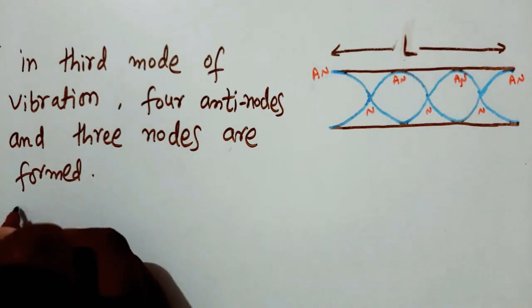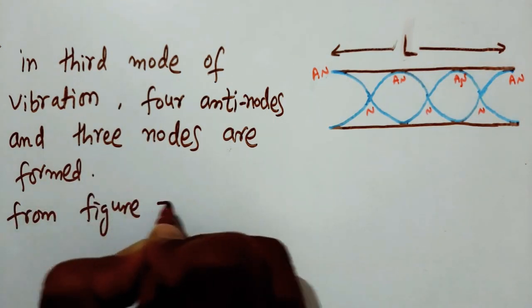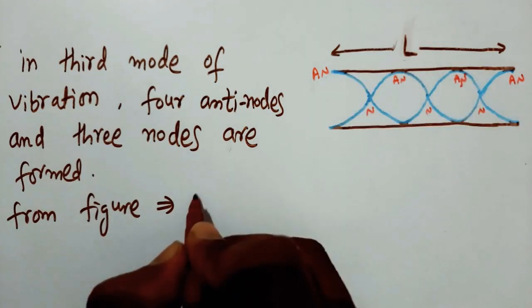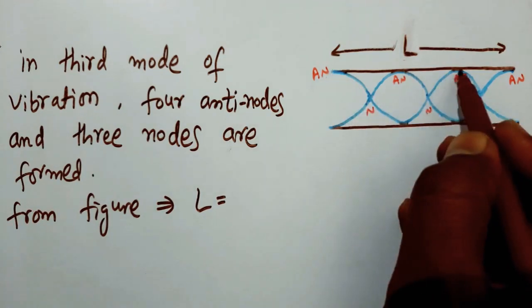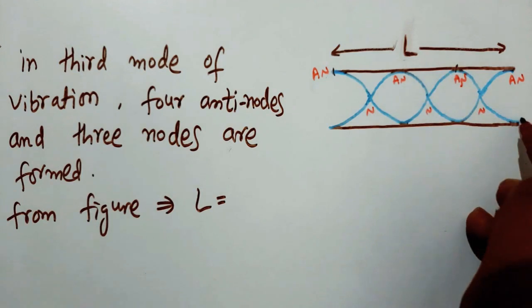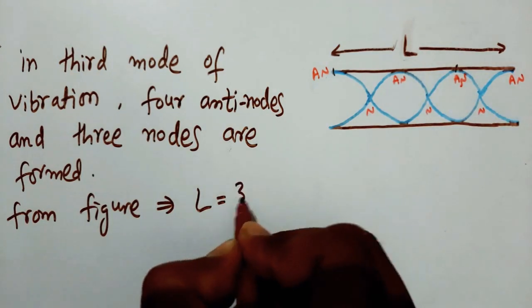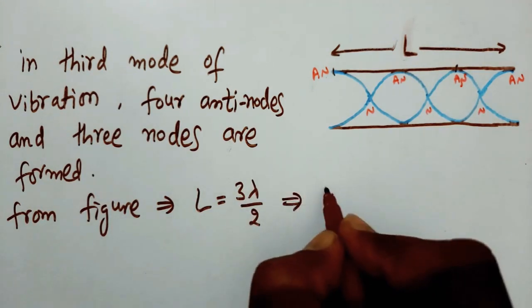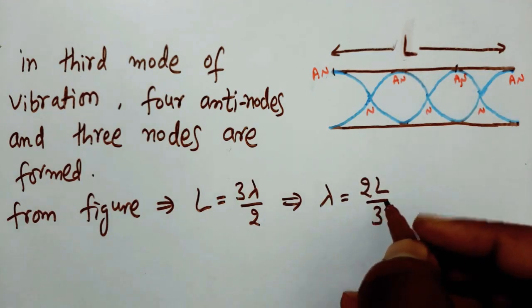Here from the figure, the length of the organ pipe L is equal to, how we can write? Here to here it is lambda and here to here it is lambda by 2. That is lambda plus lambda by 2, that is 3 lambda by 2. So from this we can write lambda is equal to 2L by 3.